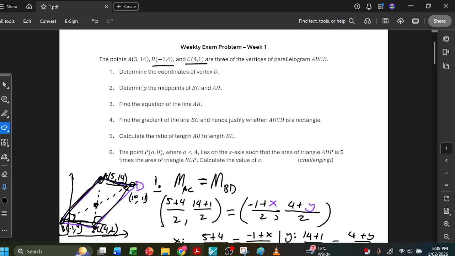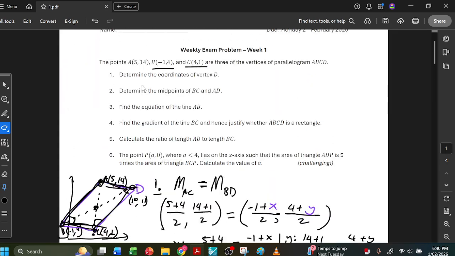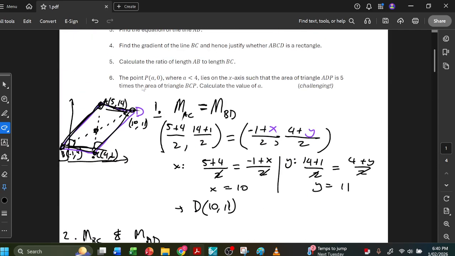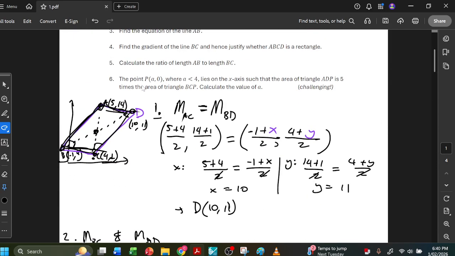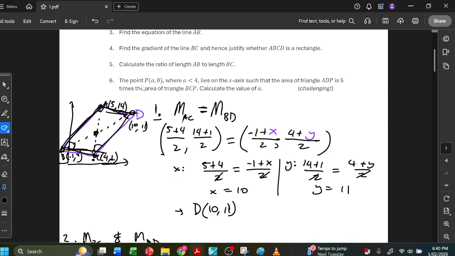We're trying to find the ratio of the length AB to the length BC. So question 5, we have the ratio of AB to BC.